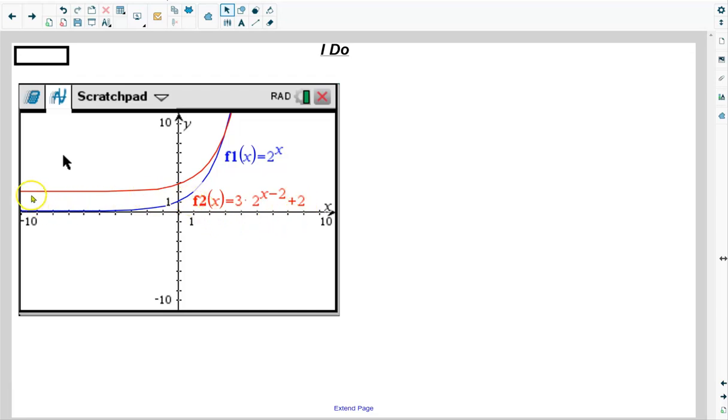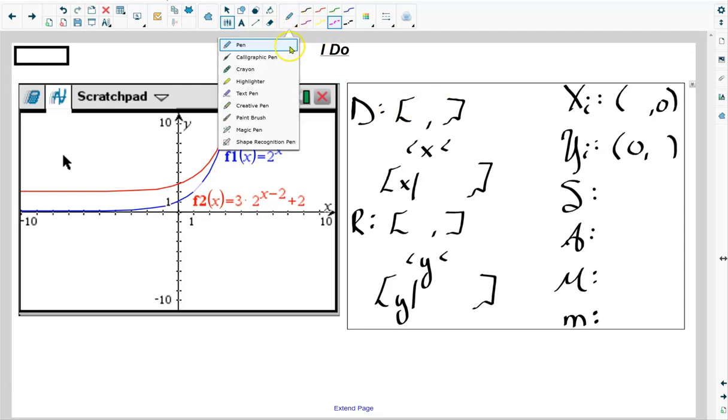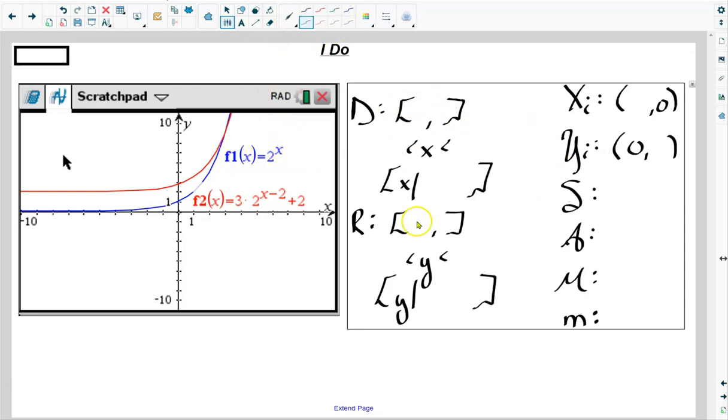All we care about is this graph. We've seen this guy before, so let's go ahead and take advantage. All we're going to do is fill it in according to what we see, and our graph is the one that's in red.